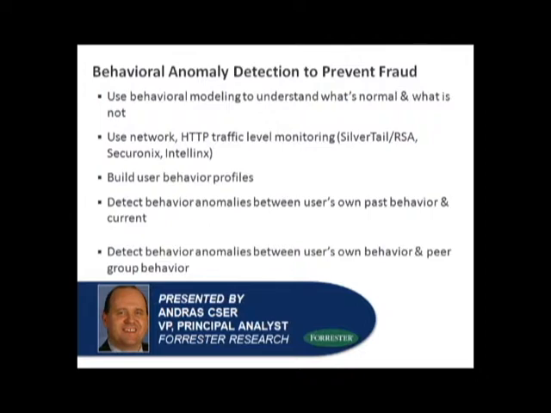You can look at the network layer, like HTTP traffic monitoring using something like a Silver Tail, Securonix, or Intellinx kind of solution that really allows you to separate good traffic from bad traffic and understand behavioral differences.